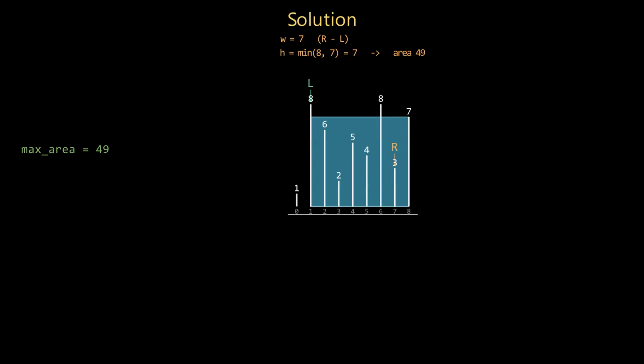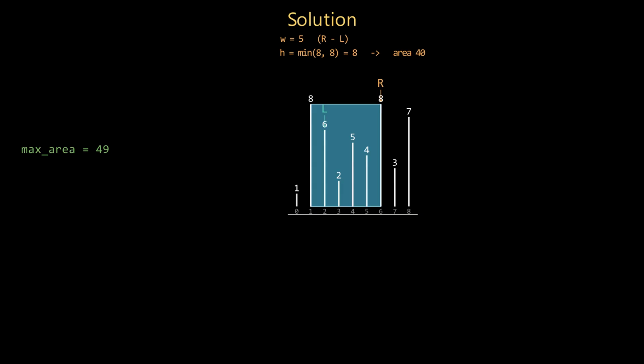Between 8 and 7, 7 is shorter. We move the right pointer one step toward the center. Width 6 with minimum height 3 gives area 18. That does not beat 49, so the best stays 49. 3 is shorter than 8, so we move the right pointer again. With width 5 and height 8 on both sides, the area is 40.